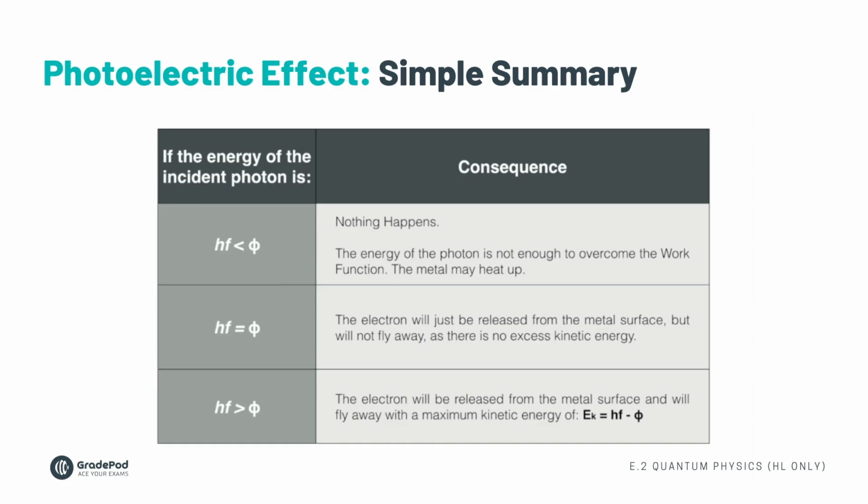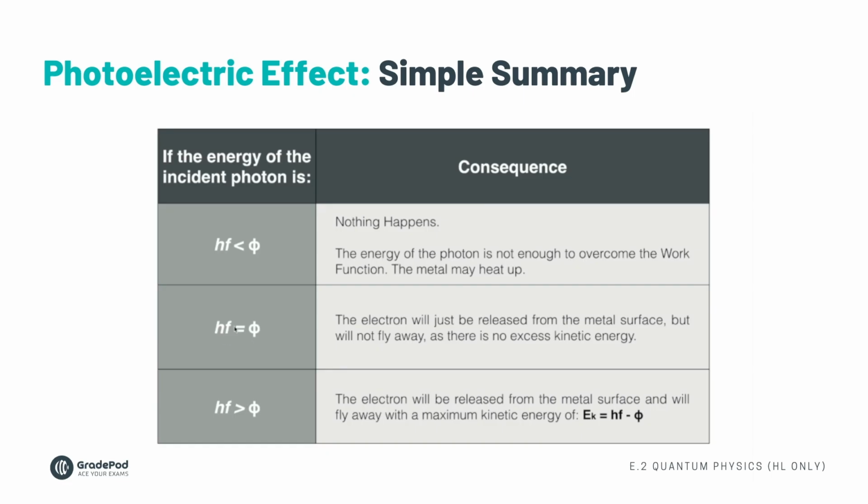So if your incident energy, let's look at this side of the table here. If the energy of the incident photon, hf, is less than the work function, then nothing happens. The energy of the photon is not enough to overcome the work function, and the metal may heat up, because that energy's got to go somewhere, but it's not going into releasing the electron.